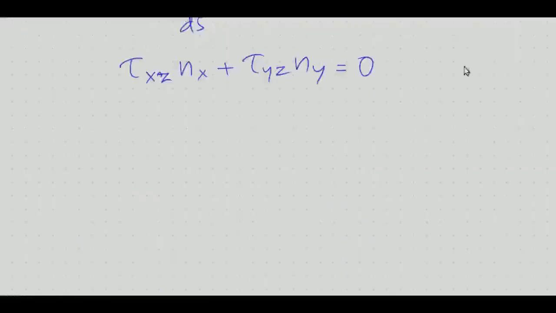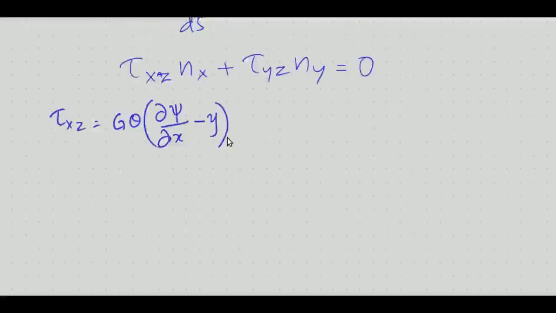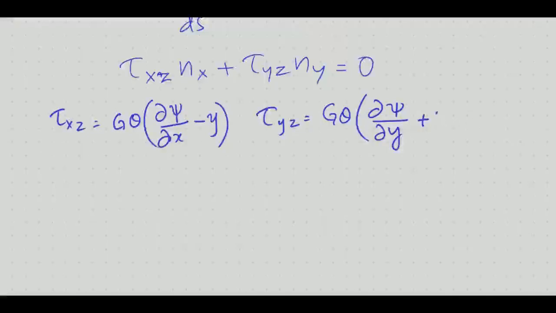We have the value of tau xz, that is given by G theta into dou psi by dou x minus y, and tau yz is given by G theta into dou psi by dou y plus x.